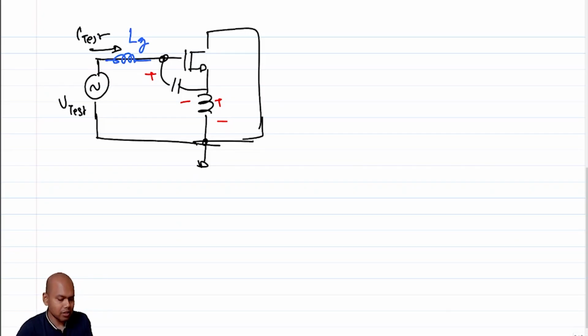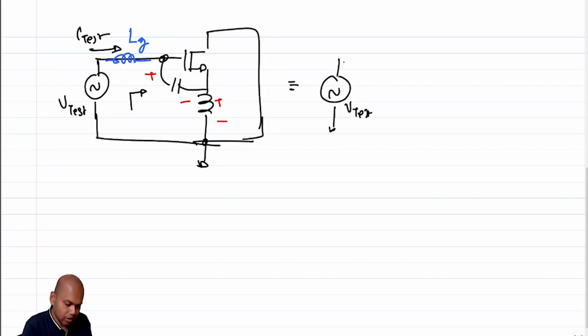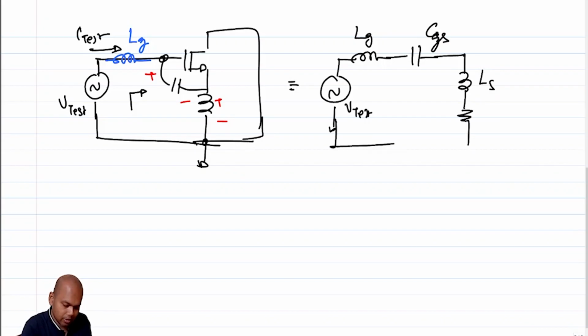Now note that will this Lg affect the real part? Clearly no, because even if I have this Lg and I look in, the equivalent looking-in impedance becomes V test, Lg, then this CGS, then this Ls, and then this omega t times Ls, right?